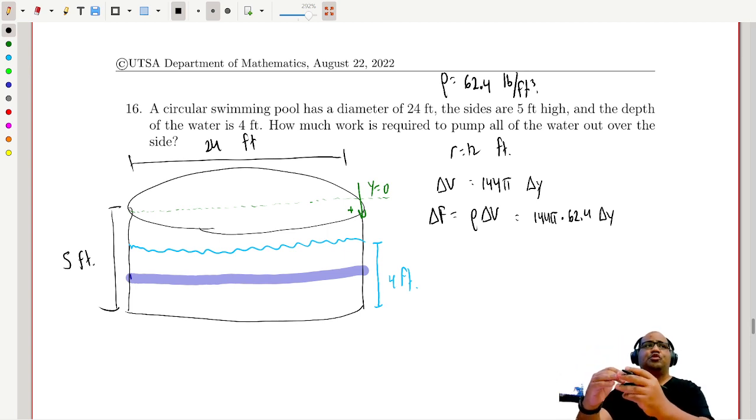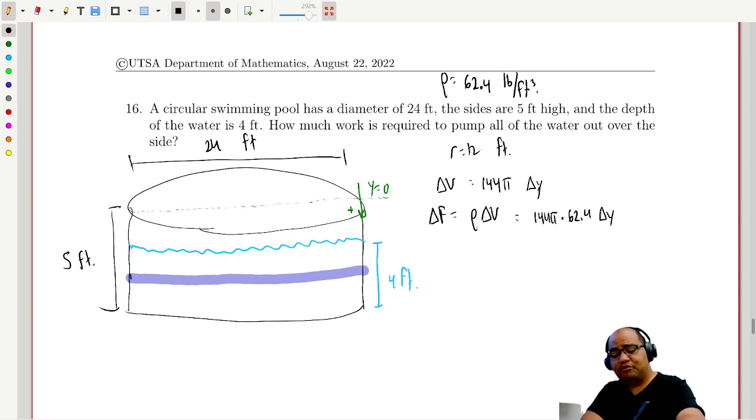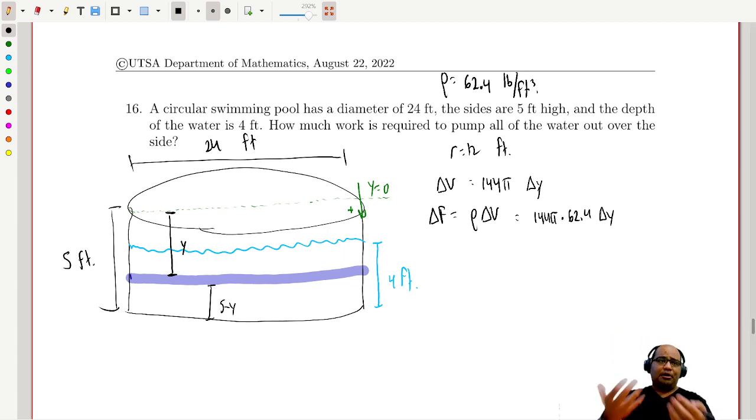Now we're going to do some work in lifting this out of the swimming pool. So if my coordinate system has 0 at the top here, then the distance from the top to any little element of water is just y, with, of course, this remaining distance being 5 minus y. You can also set the bottom to be 0. The setup of the integral may look a little different, but the answer that you get is the same. It's just a change of variable.